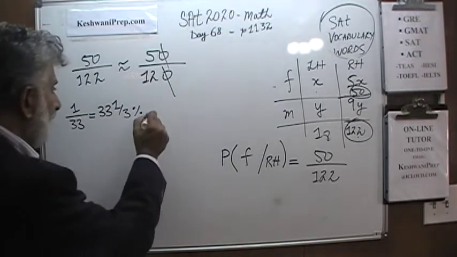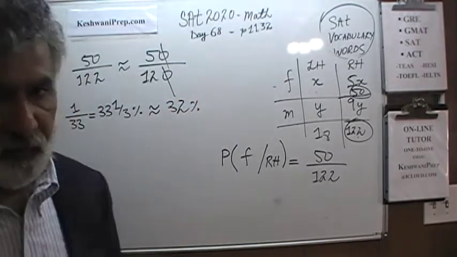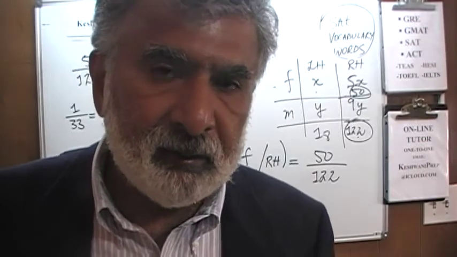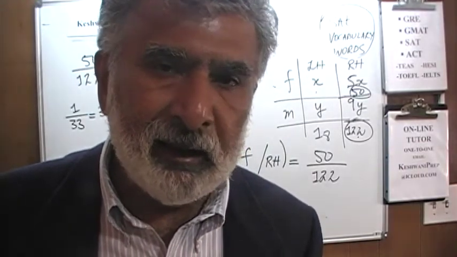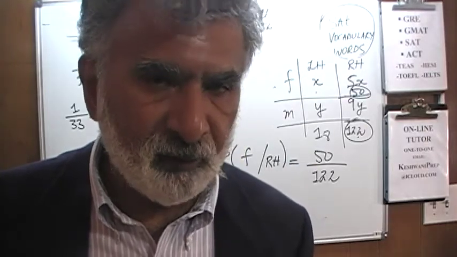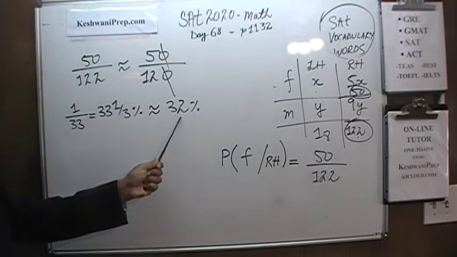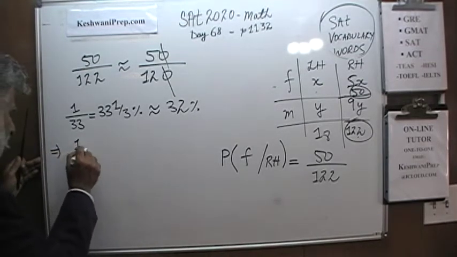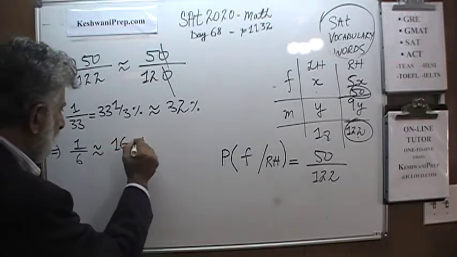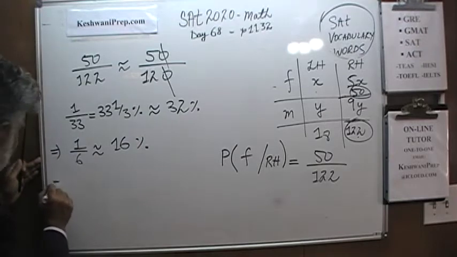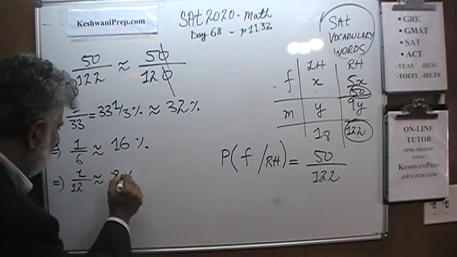Again, I'm going to approximate that as 32%. It's okay if you approximate. There is nothing wrong with it. There is nothing in the exam that requires you to sit there like a geek, like a nerd, and reach for the calculator every 3 seconds. It's okay. Take some liberties. So here we go. If 1/3 is about 32%, that implies in turn that 1/6 should be approximately half of that, which also implies that 1/12 should be approximately 8%.